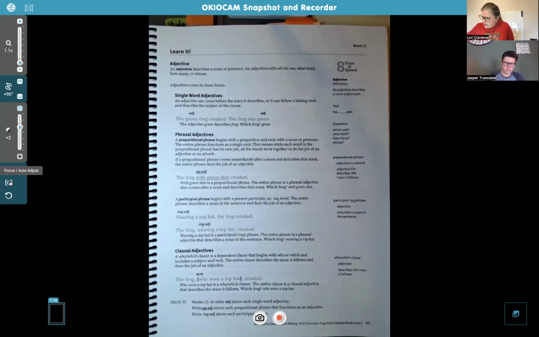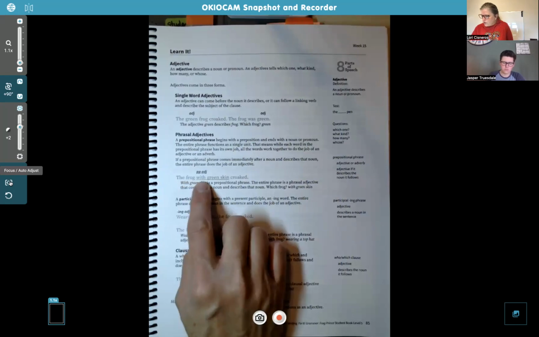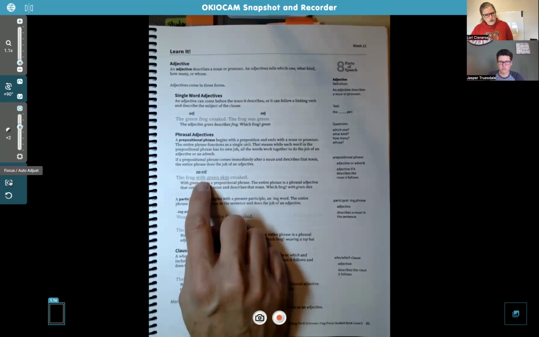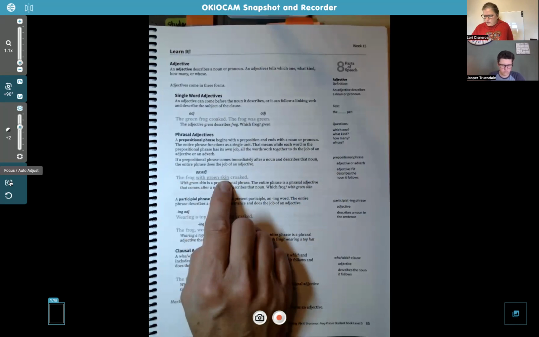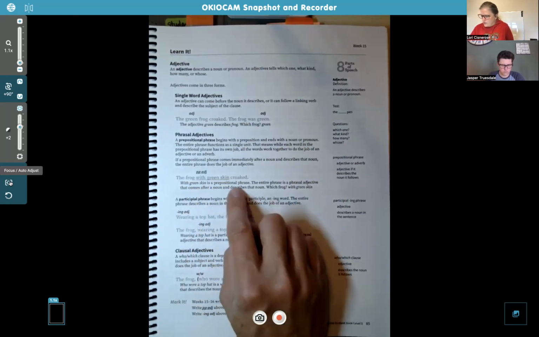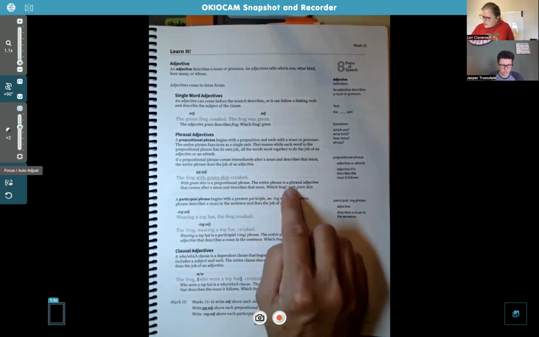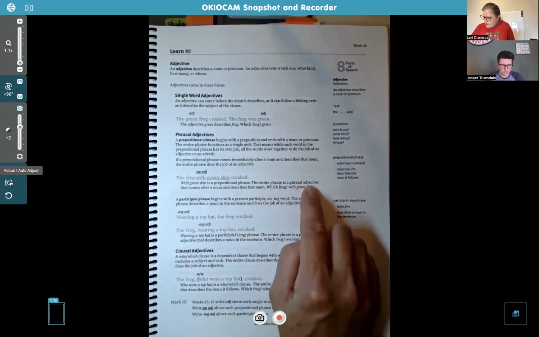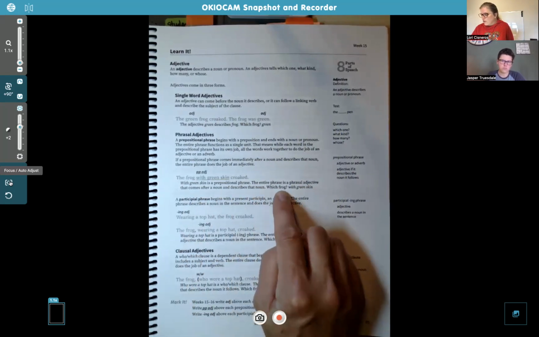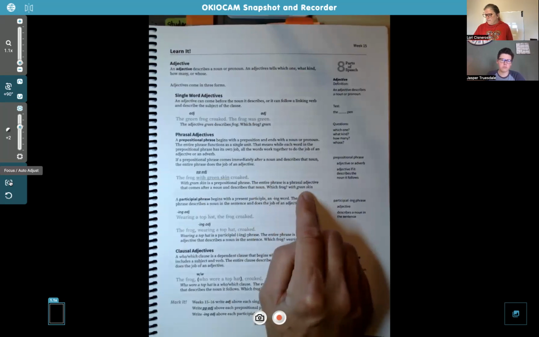So the example here, the frog with green skin croaked, and we know that with is a preposition, and with green skin is the prepositional phrase, but it operates as an adjective. So with green skin is a prepositional phrase, the entire phrase is a phrasal adjective that comes after a noun and describes that noun. So which frog? With green skin.